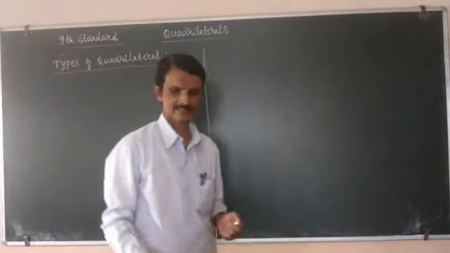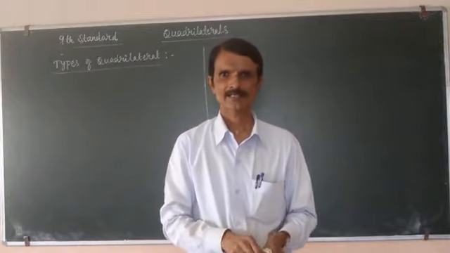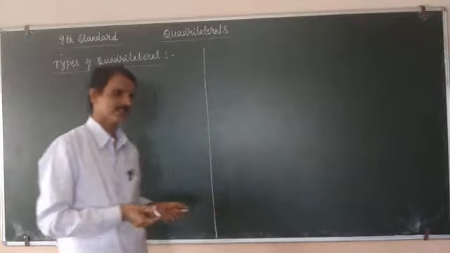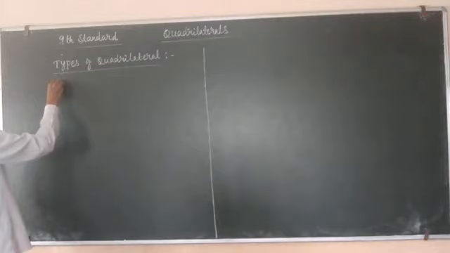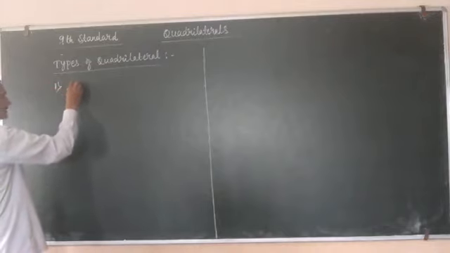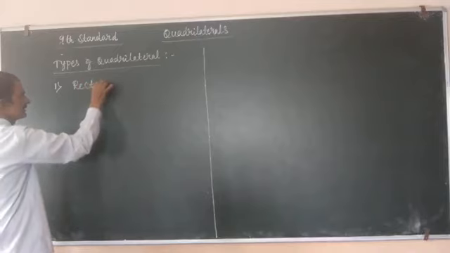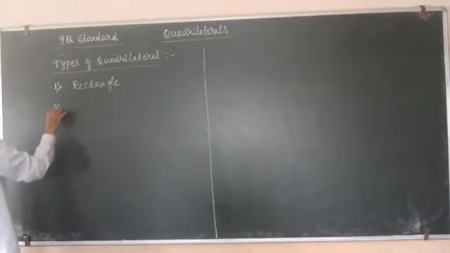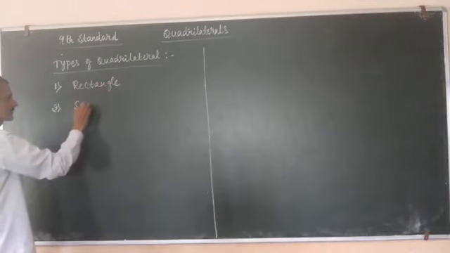Depending upon their sides, angles and diagonals, we have different types of quadrilateral. First one is rectangle. Second one is square.